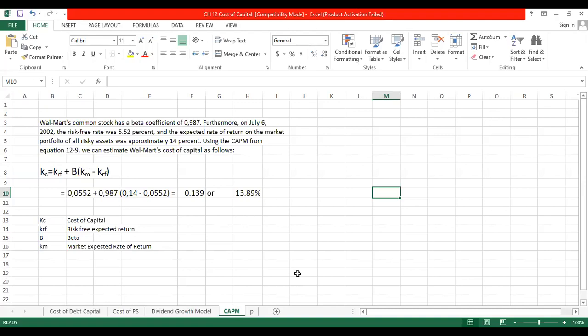Remember that in the capital asset pricing model, you have to put in beta. Where do you get the beta? You can get it from anywhere, from the S&P 500, or you can find it on the internet.